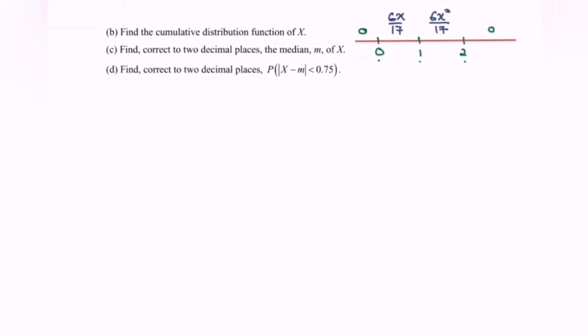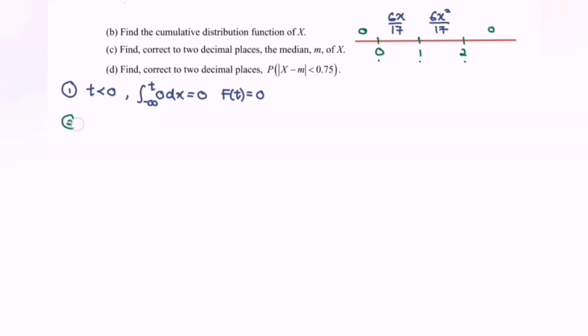Next, what we have to do is to find the cumulative distribution function. For number 1, where we have the domain t is less than 0, for the function, integrate from negative infinity until t for the function 0 dx, and we will obtain 0. So F(t) is equal to 0.